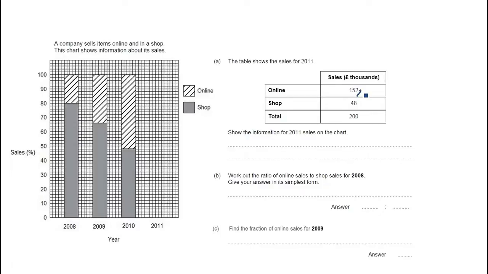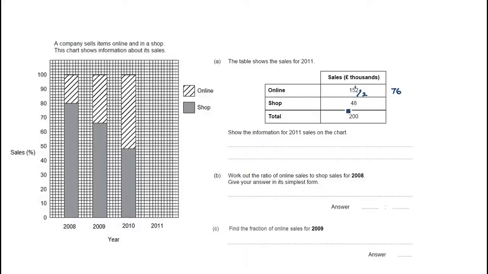So if we divide 152 by 2, we get, well, 2 into 15 goes 7, and then we carry the remainder of 1 to get 2 into 12 gives us 6. Okay, so just as a check, 76 add 76 makes 152.